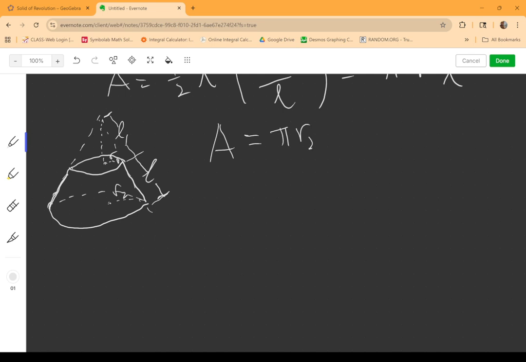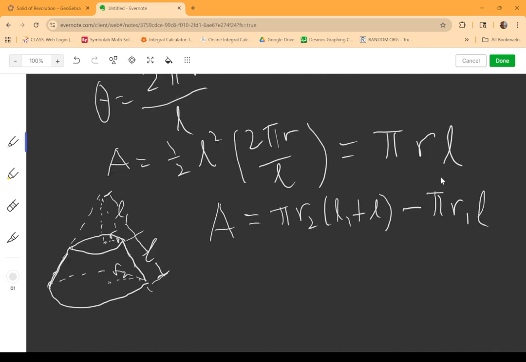Minus, because that's too much. I don't want all of it, I just want this piece here. Minus the surface area of this smaller cone, and that's just pi R1 L1. Again, I'm just using the formula that I have defined up here for the smaller cone and the overall larger cone.